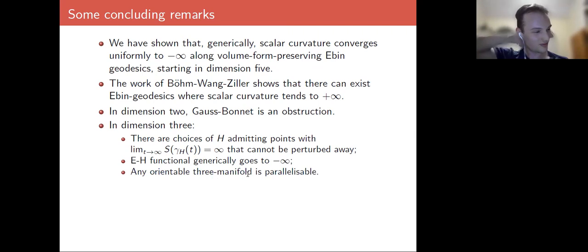Now, one other remark which might be relevant is that any orientable 3-manifold is parallelizable. What that means is that for orientable manifolds, it's possible to find choices of H for which there is a globally defined orthonormal basis. Basically, the tangent bundle is trivial.